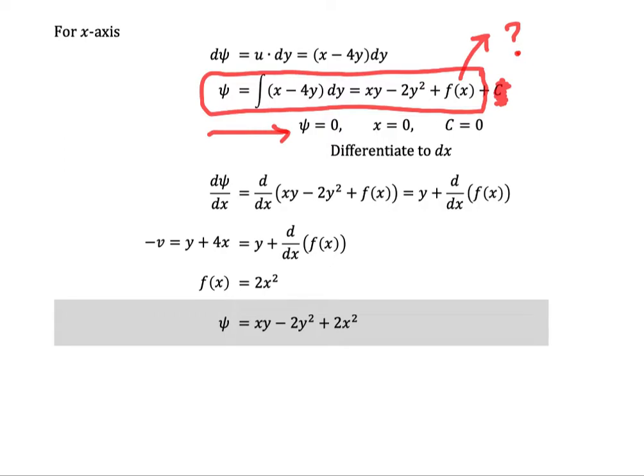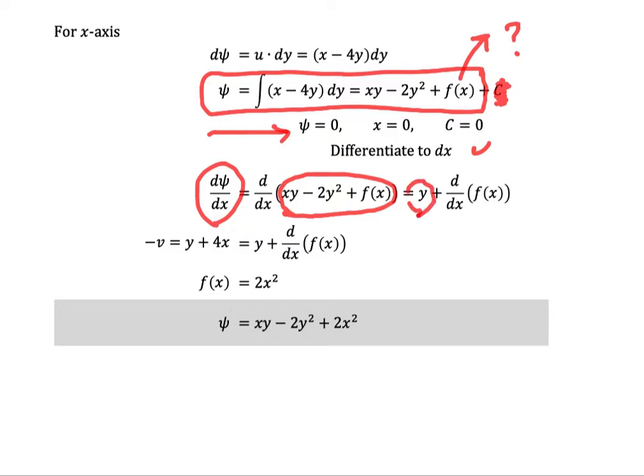Okay, so what we need to do is revert the step, but focusing on f(x), because we want to know the value of f(x). The trick is we differentiate with respect to dx. So we have d psi dx here, and then d dx for all these terms. If we differentiate xy, we get the value of y.